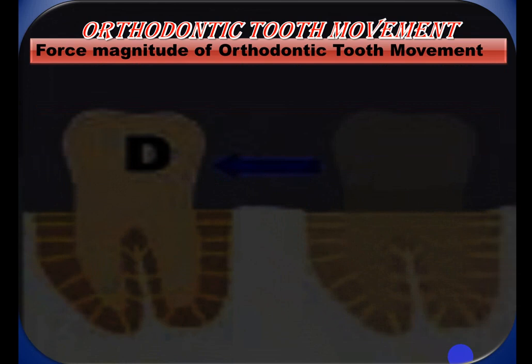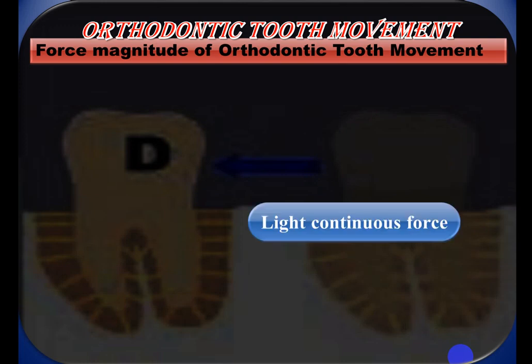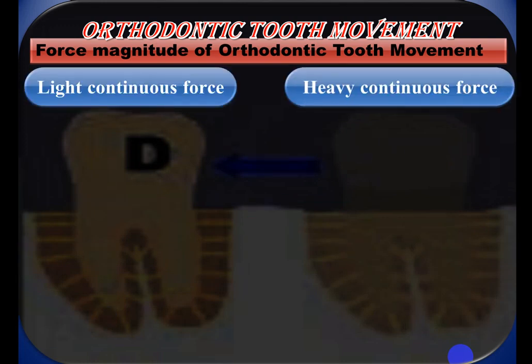Firstly, the physiological response of any tooth to the force applied to it will vary and differ depending on whether the amount, or magnitude, of this force is light or heavy continuous force.